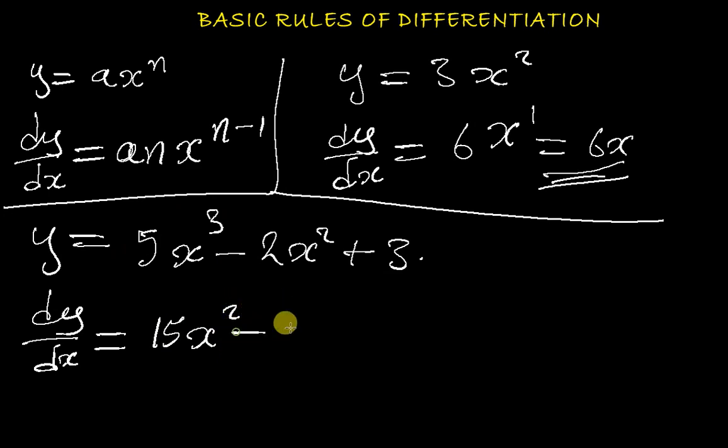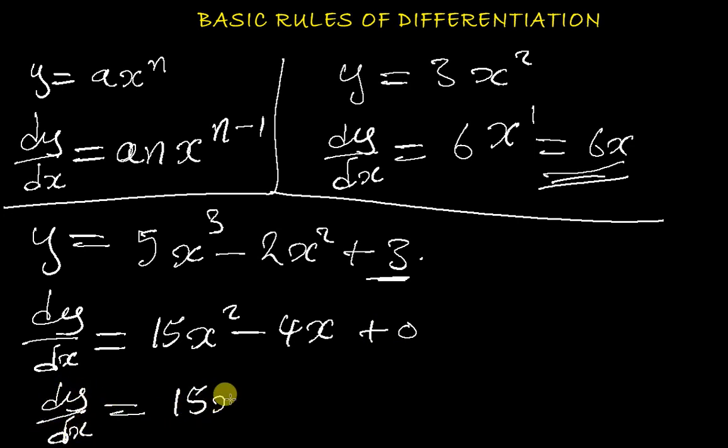Then we have minus 2 times 2, that is 4. Then we have x to the power 2 minus 1, that's 1. You can leave it like that. And then the derivative of a constant is always 0. So we have dy dx is equal to 15x squared minus 4x as the answer.